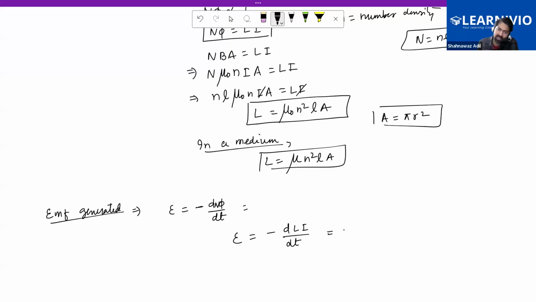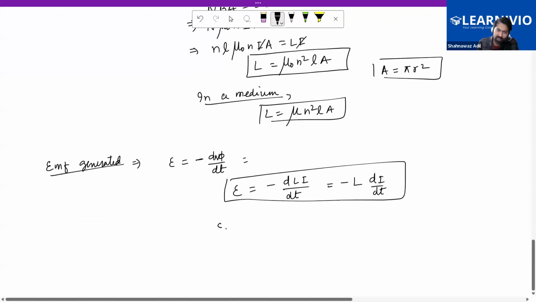L is a constant, so we can place it outside. So this is minus L di by dt. This is the EMF generated in an inductor.